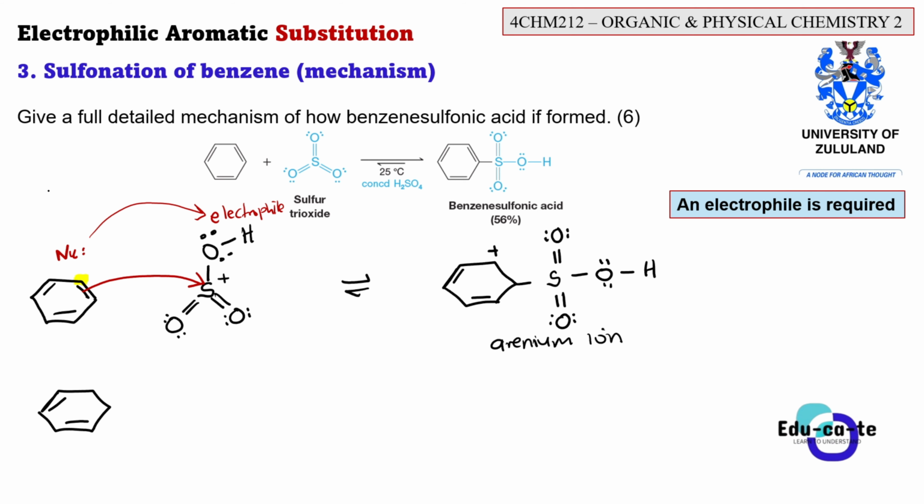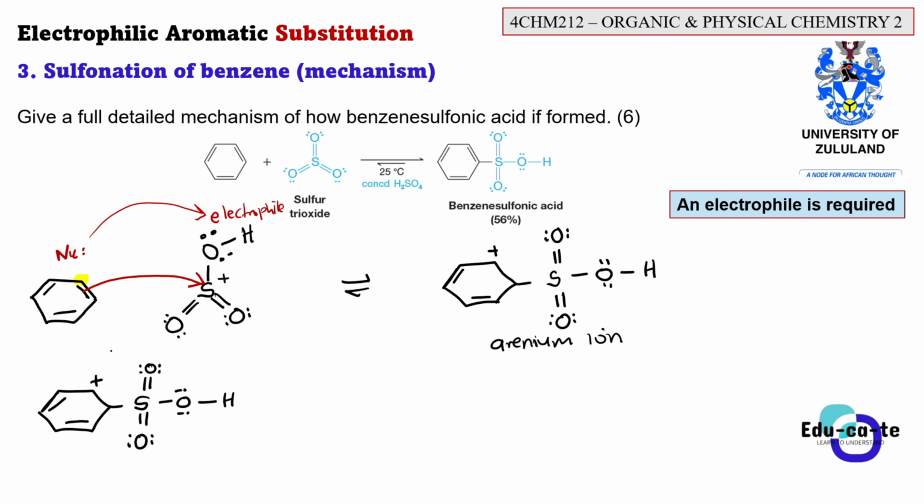This arenium ion has a positive formal charge here, remember. Then we have S here, a double bond O, then another double bond O, then OH, right? Then we have lone pairs here. Remember that this is our HSO4 minus.